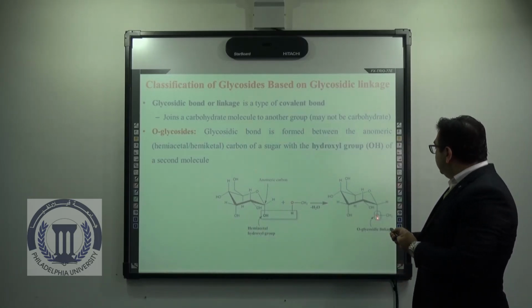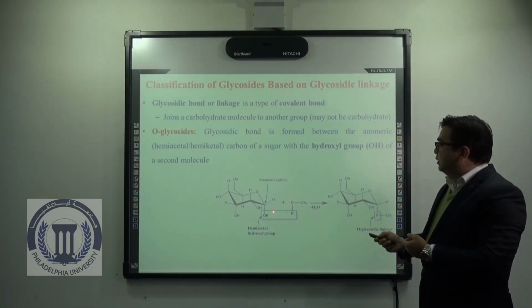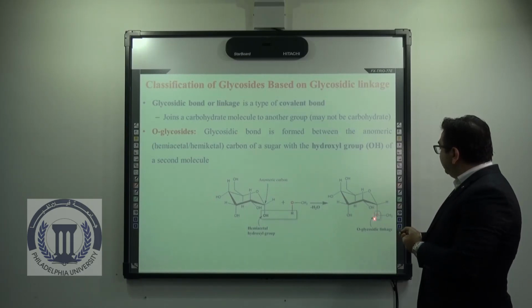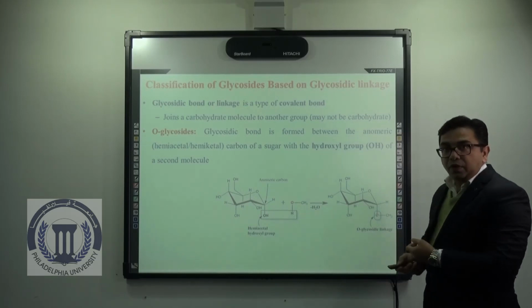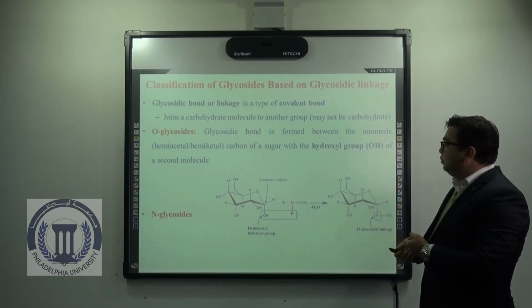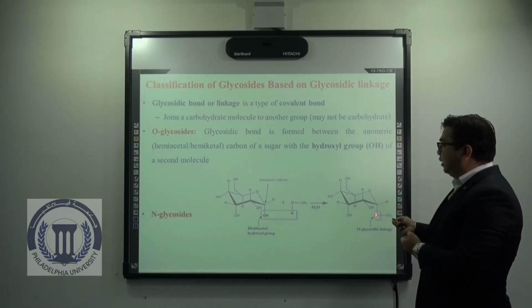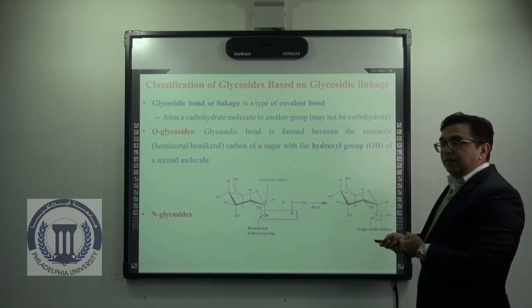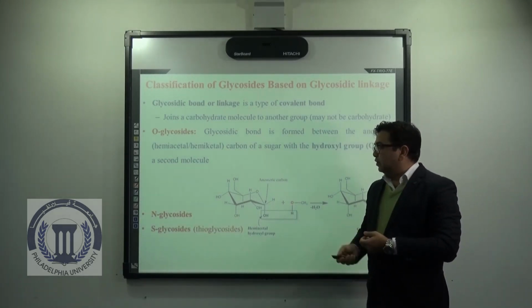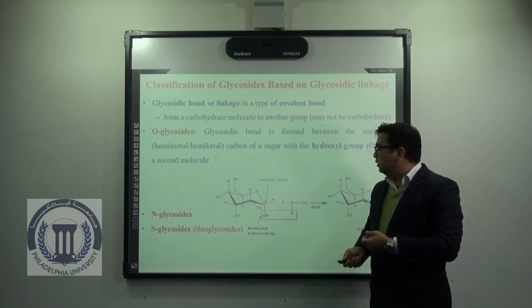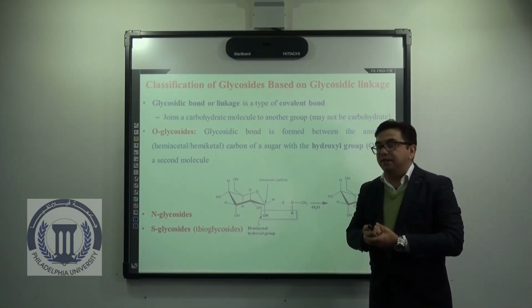And here you would like to note that the oxygen atom of the O-glycosidic linkage comes from the aglycon part, not from the glycon part. Similarly, when you have nitrogen in the glycosidic linkage, we call it N-glycoside. S-glycoside, if it contains sulfur, is also known as thioglycoside.